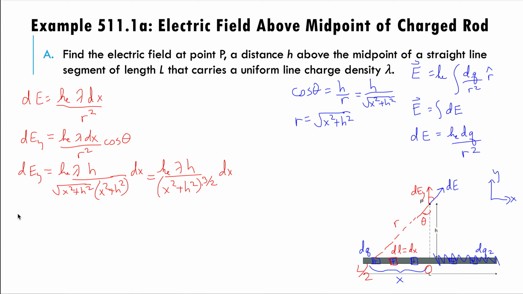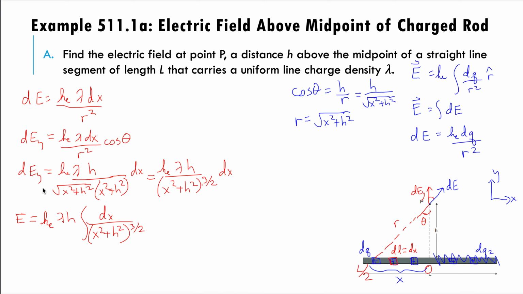Now we're ready to write the integral. The field E is going to be the integral of dEy. Anything that doesn't go into the integral, any constant, we can already take out: k_e lambda h. Then we're going to integrate dx over x squared plus h squared to the 3/2.